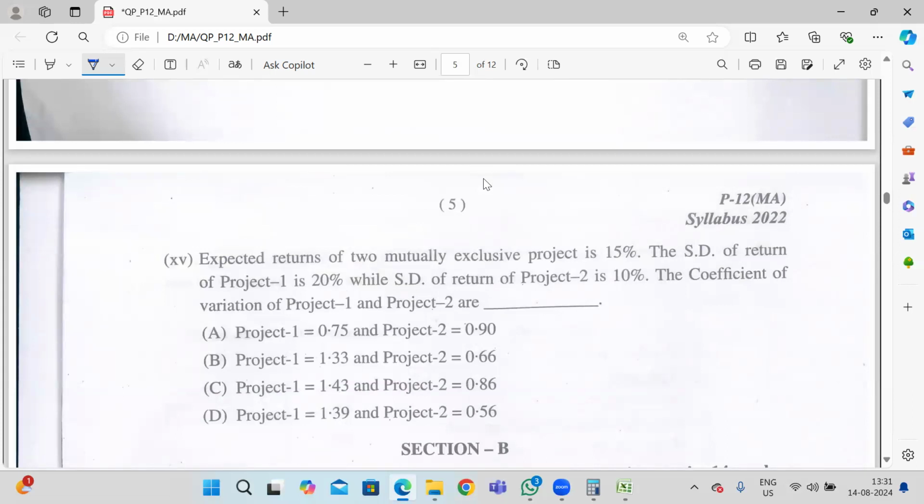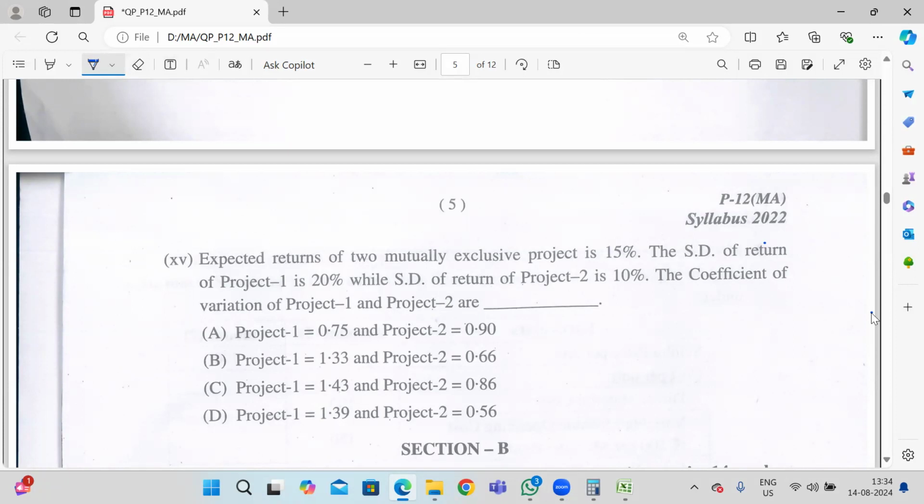Then expected return. So expected return of two mutually exclusive projects is 15%. The standard deviation of return of project 1 is 20%, while standard deviation of return of project 2 is 10%. The coefficient of variance of project 1 and project 2 are, so coefficient of variance of project 1 I need to identify, right?